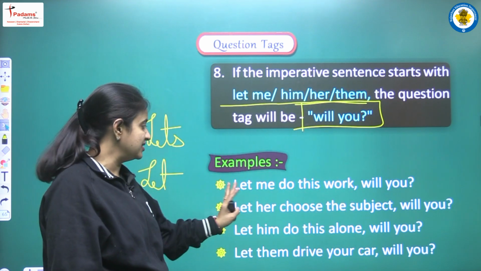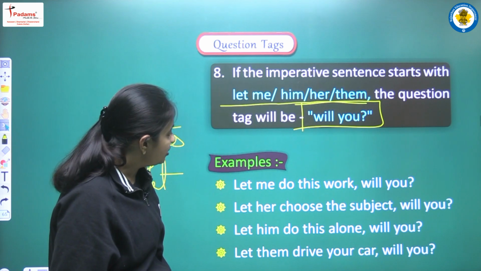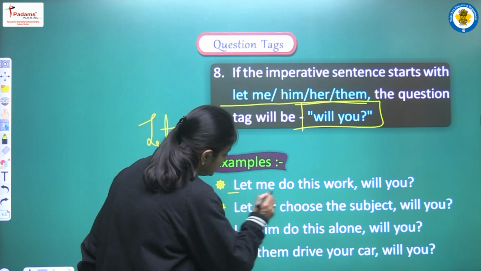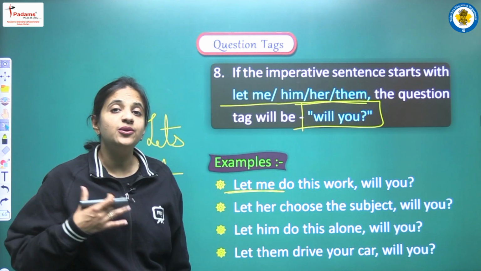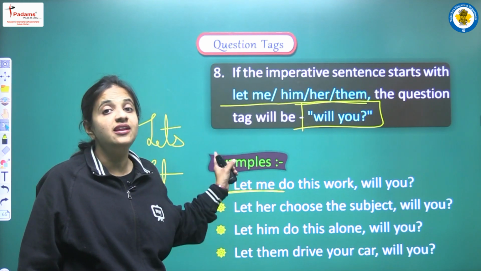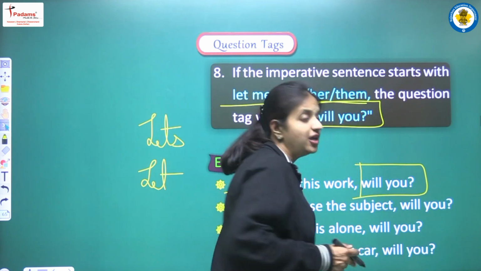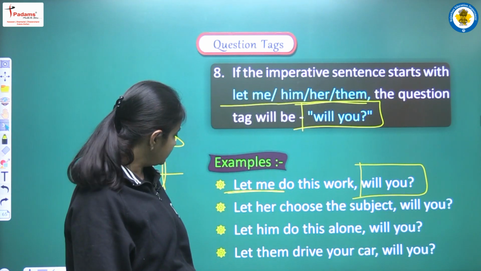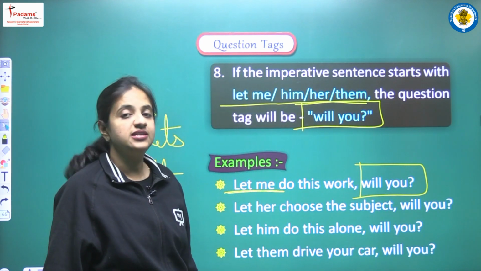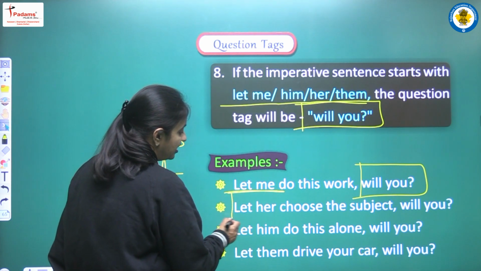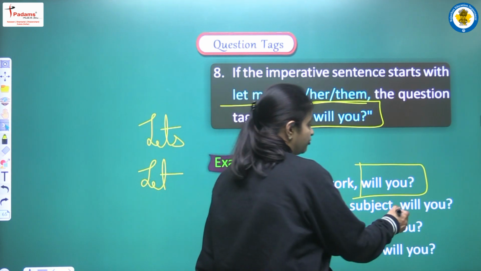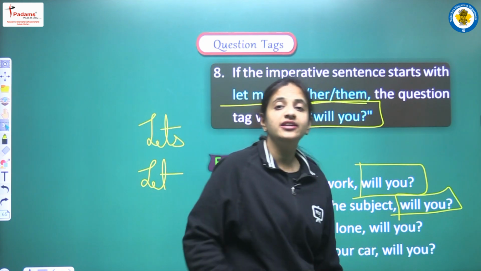Alright, let's see some examples. We are having: let me do this work. In this sentence we are having let me, it's not let's, it's let me. So because of this reason, here the question tag will be will you. Next is: let her choose the subject. Again we are having let, so the question tag will be will you.